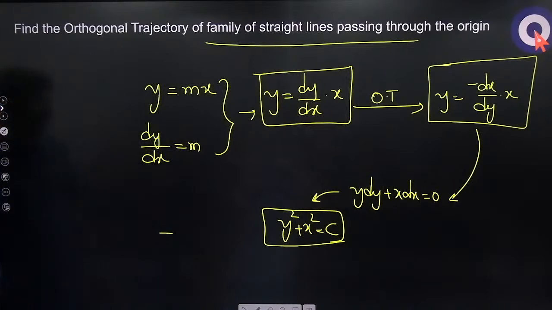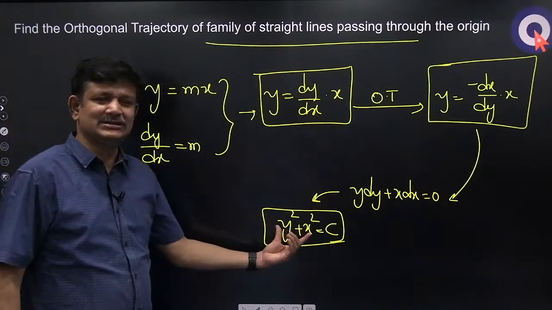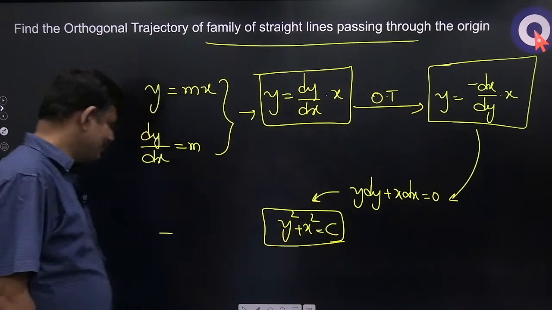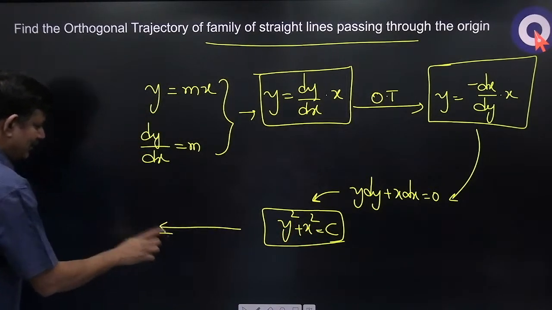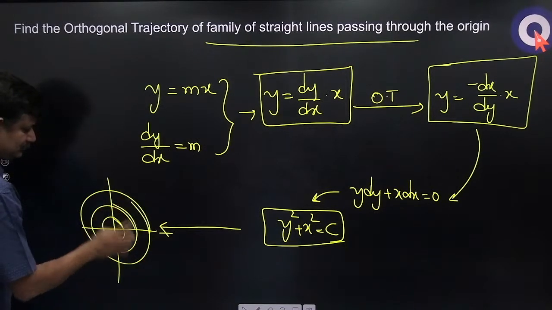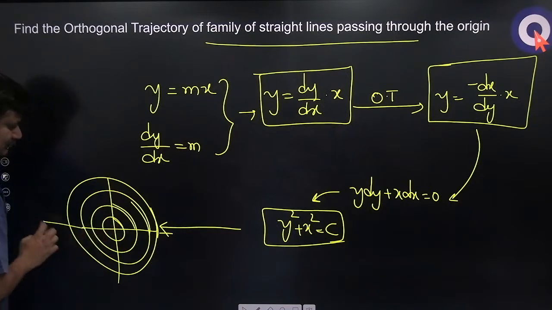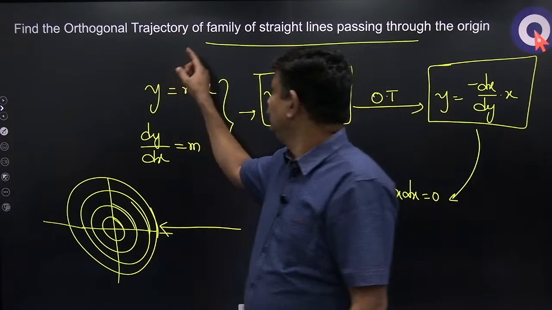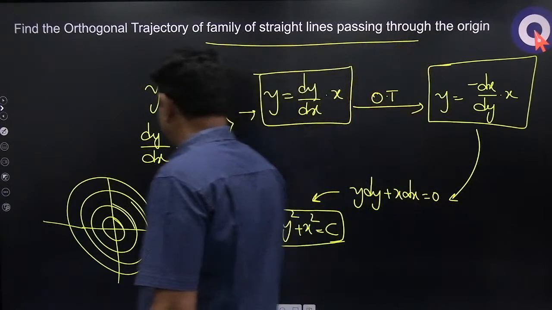Now geometrically try to understand this curve. What is this curve? It's a circle whose center is the origin. The radius is variable. So this is giving you a family of all circles with center at the origin. Now what is the original line giving you? A family of all straight lines passing through the origin.